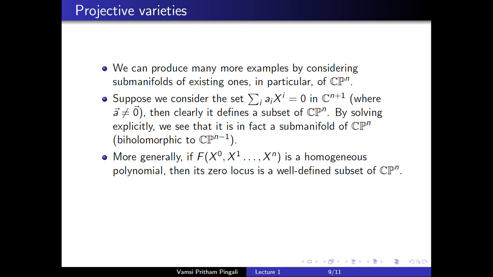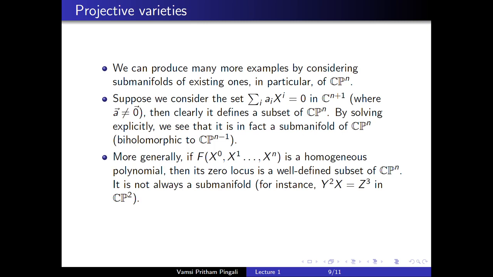Now it's not obvious that, unfortunately, unlike this where you can explicitly solve, it's not clear that this will always be a submanifold. In fact, it is not always a submanifold. That's not true. Okay. So for example, this particular beast, if you take the homogeneous coordinates on CP2 to be x, y, z, then y squared x equals z cubed is not a submanifold. Well, how would you see that geometrically?